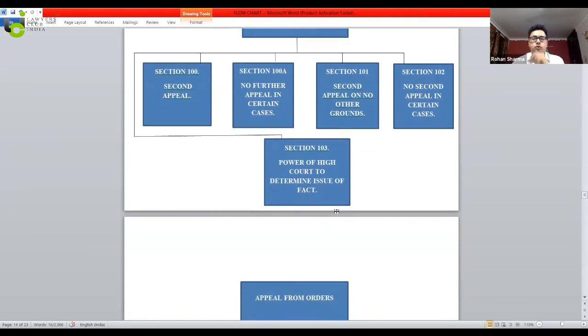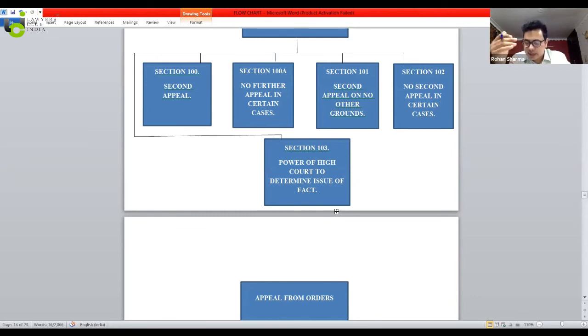Now, an important thing to note in the context of second appeal is that Section 100A and 101 are sort of restricting the scope of Section 100. Already, the scope of Section 100 is very restrictive, that there has to be a substantive question of law.